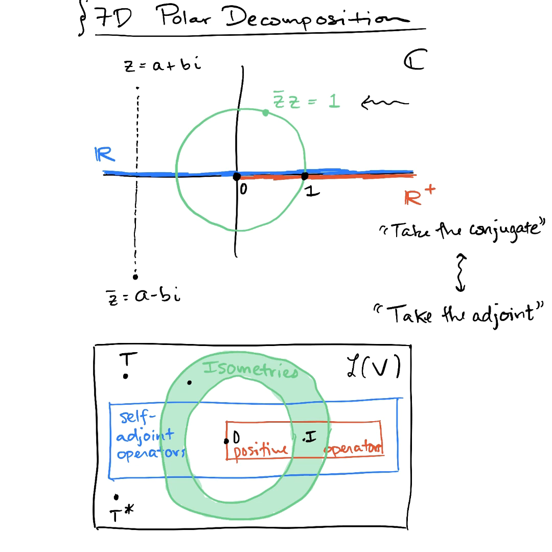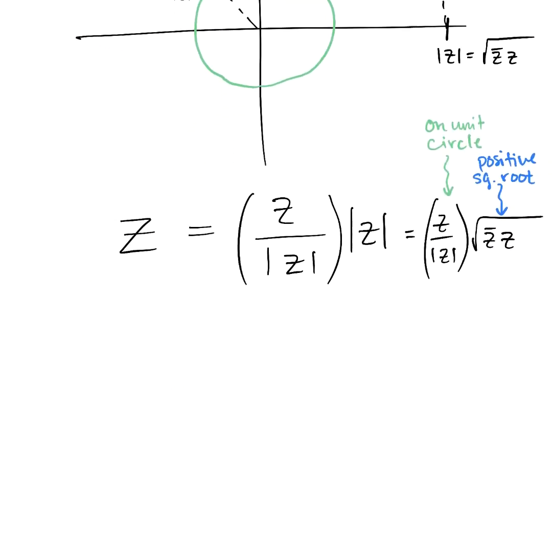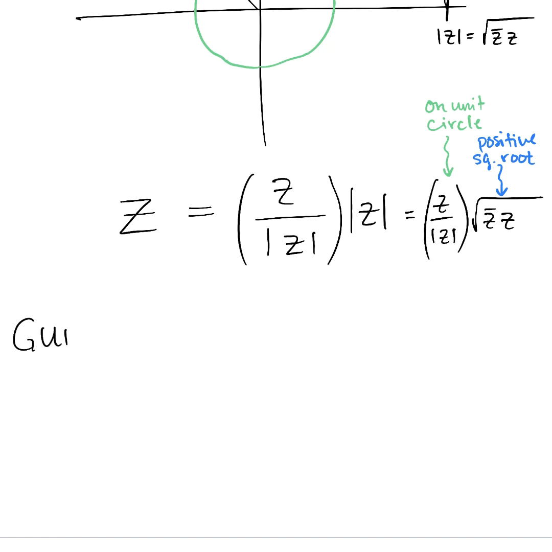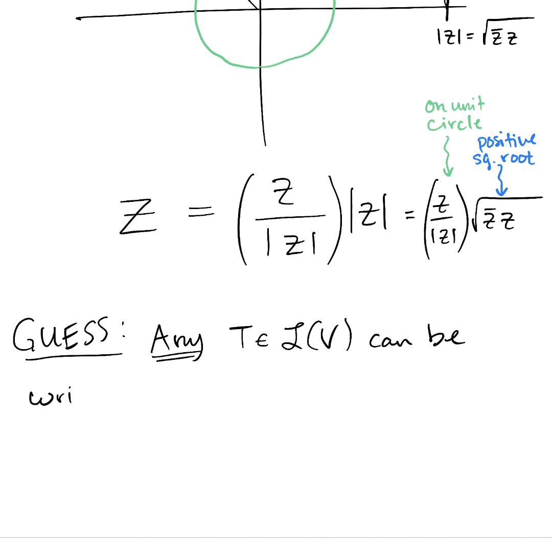We just argued that literally any number in C can be written as something on the unit circle times a positive square root of Z bar Z. This makes us guess that any T in L(V) can be written as T equals, okay, who's going to play the analogy to this piece here?